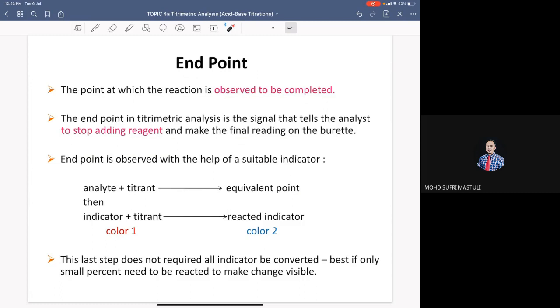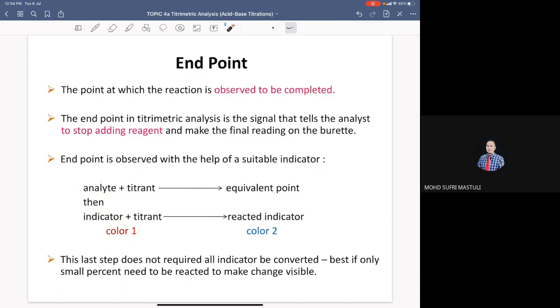Before we start the titration, the analyte with titrant has some equivalence point. When we put in the indicator, it has a color, the first color, color 1. After the reaction reaches the equivalence point, the indicator will react and produce another color.